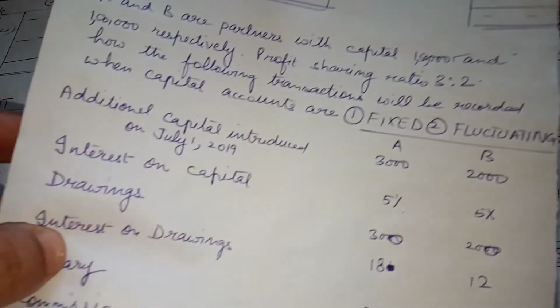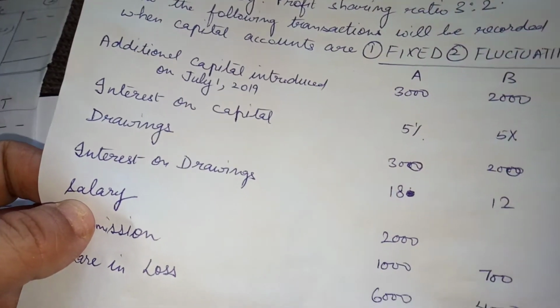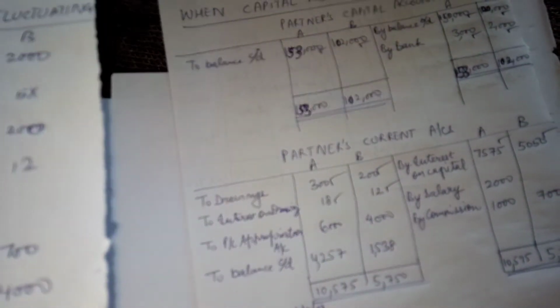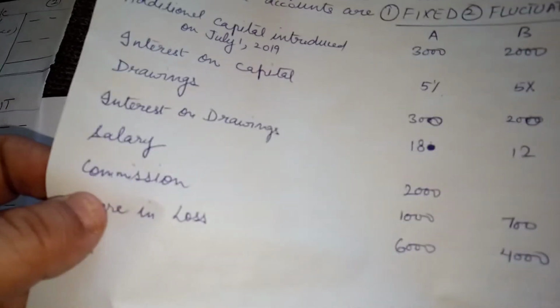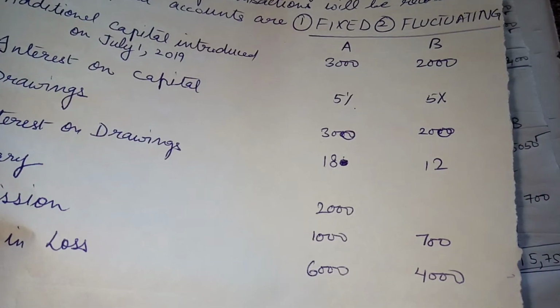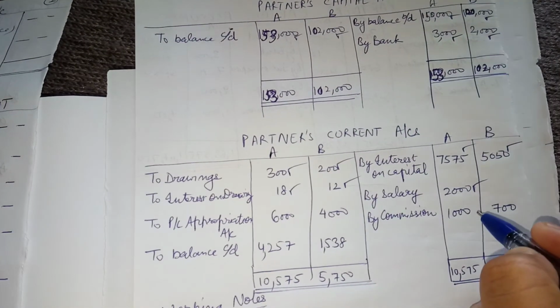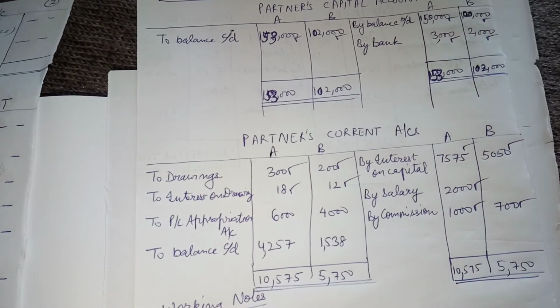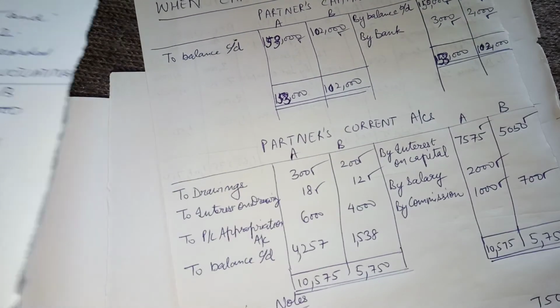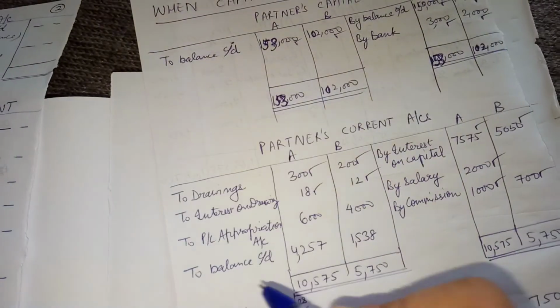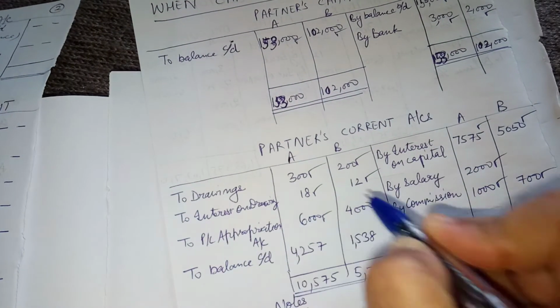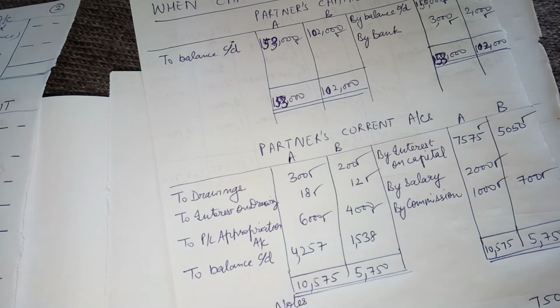Then we have salary of 2,000 for A. The salary will be entered on the credit side for A, and then commission, 1,700. The commission comes out to be 1,700 for them. Now the last item is share in loss, 6,000 for A and 4,000 for B.